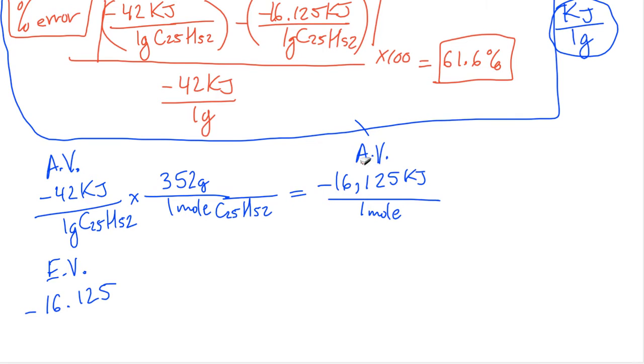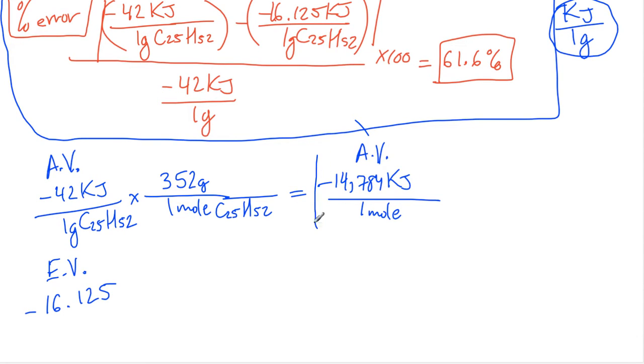Let me erase that really quick. Sorry about that if you were wondering where that math came from. It is because I had the wrong value. It is actually, my apologies, a negative 14,784 kilojoules. All right, there we go.